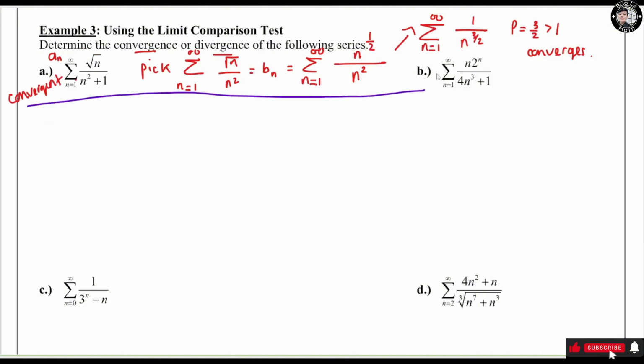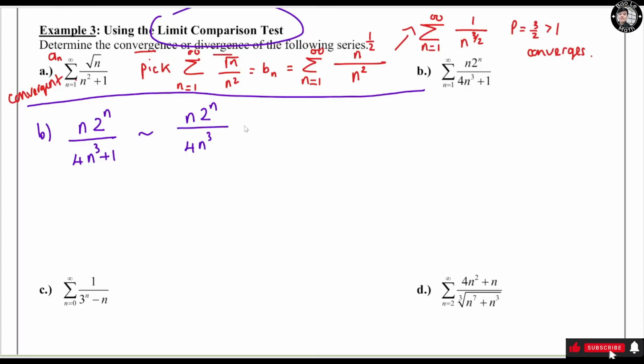Now question B. We need to use the limit comparison test. So we have n times 2 to the n over 4n cubed plus 1. This is similar to n times 2 to the n over 4n cubed, because when n approaches infinity, the 1 doesn't matter at all.